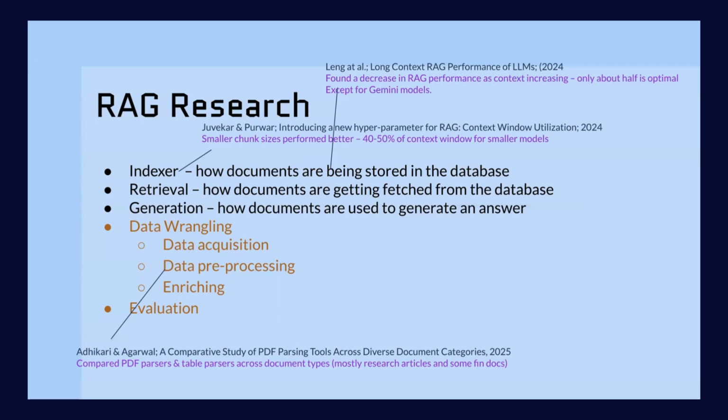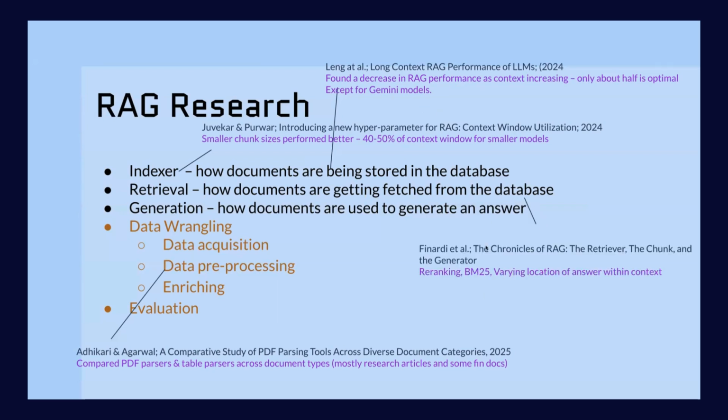Gemini performed consistently as you increase the chunk size. So if you had documents that are very long, you would probably want to use Gemini. But with anything else like Llama, GPT, Claude, and Grok, I think as you increase the chunk sizes, the RAG performance decreases.